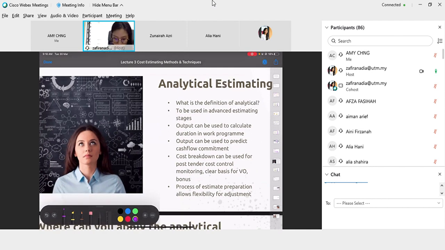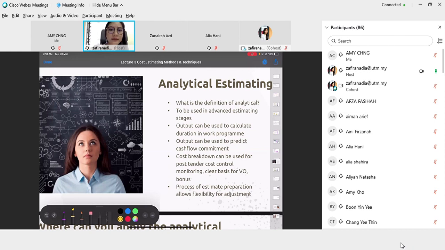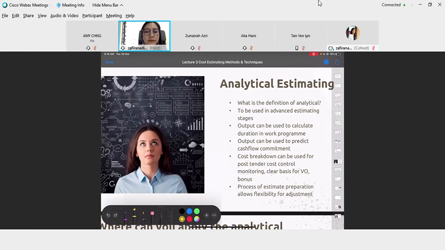For analytical estimating, can someone Google what the word analytical means and read it out loud? Relating to or using analysis or logical reasoning. Yes, logical analysis and logical reasoning. Analytical, as the name says, like this woman, but actually it's not only women who are neurotic like this, there are men who are neurotic like this too.